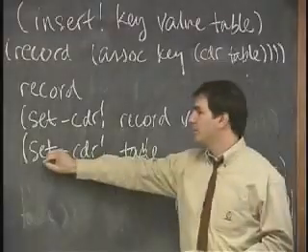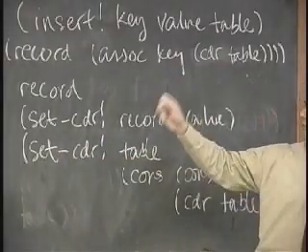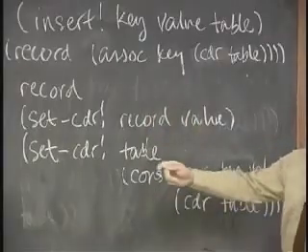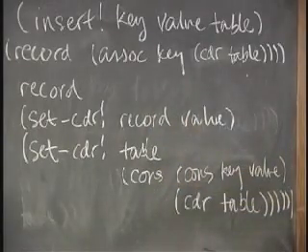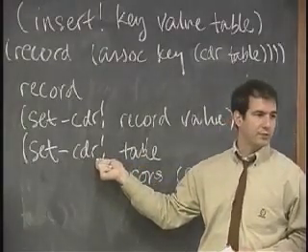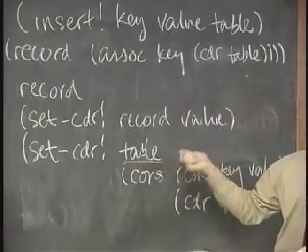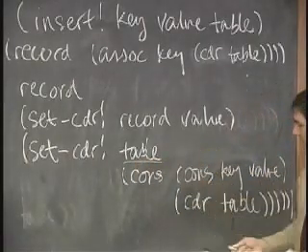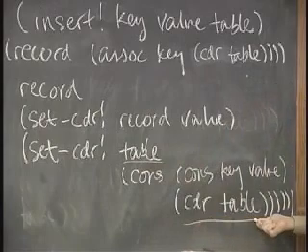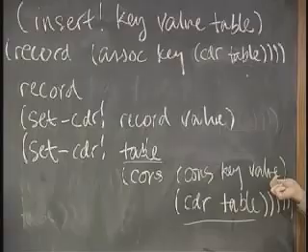Because we're going to set-cdr! of the table. Remember, the table is the special symbol star table star along with a list of records. So we're going to leave the car of that alone. It'll still continue to be star table star. But we're going to change the cdr to be the cdr as it was with a new element consed to the front of it.